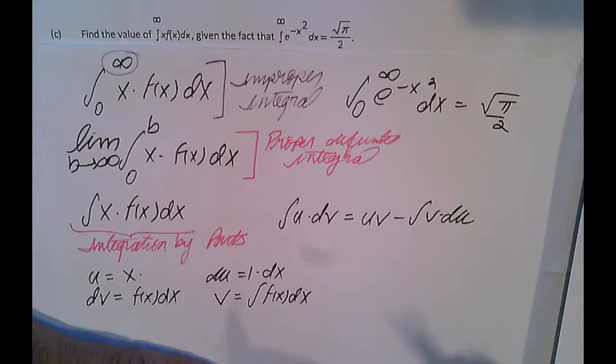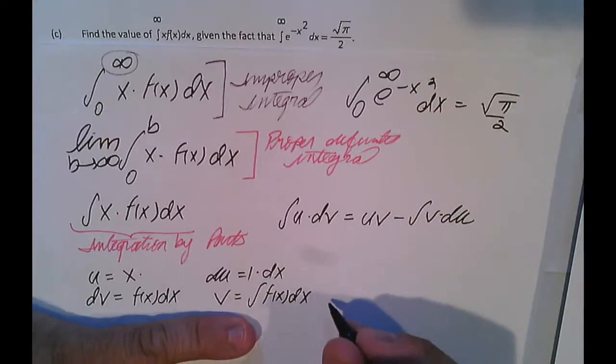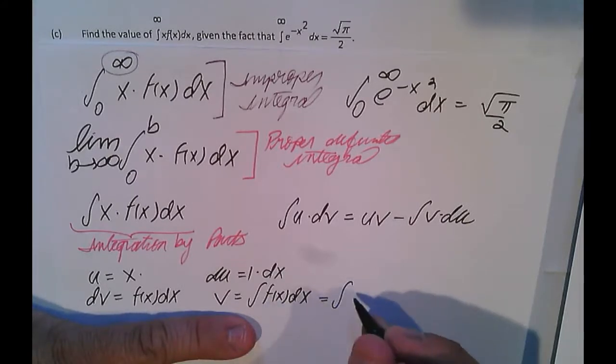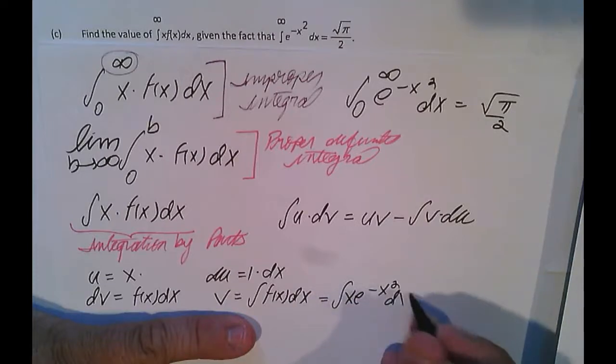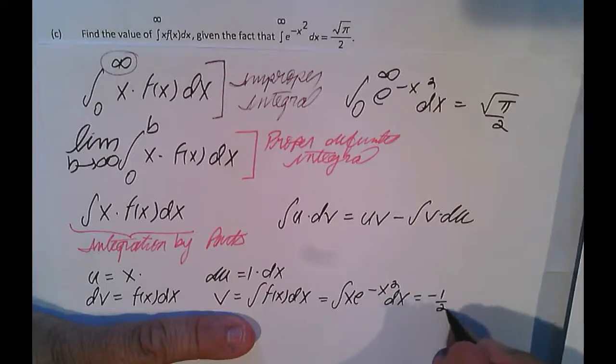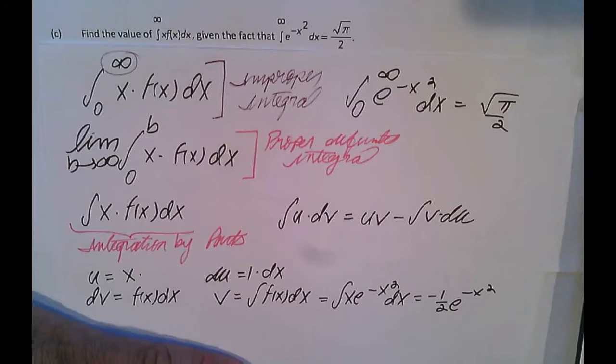And you might start to think, well, what the heck am I going to do with this? Remember, you actually just did this work in part B. We showed, because f of x is really x e to the negative x squared, that this integral is negative 1/2 e to the negative x squared.